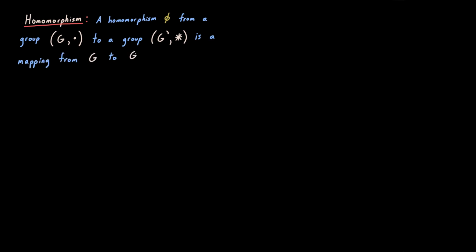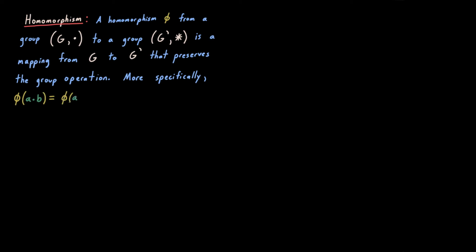A homomorphism phi from a group G endowed with a binary operation dot to a group G prime endowed with a binary operation star is simply a mapping from G to G prime that preserves the group operation. More specifically, this is what we want to be true.